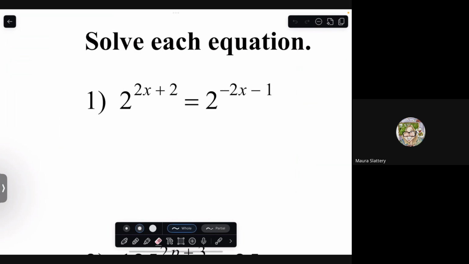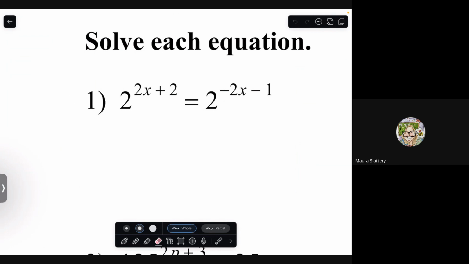Now, there's a couple of different kinds of equations you can get. The first kind is if you have something of the same base or something that you can get in the same base, okay? So if you look here, do you see how both of these are 2 to the power of something? Does everyone see that? So these guys are actually already in the same base.